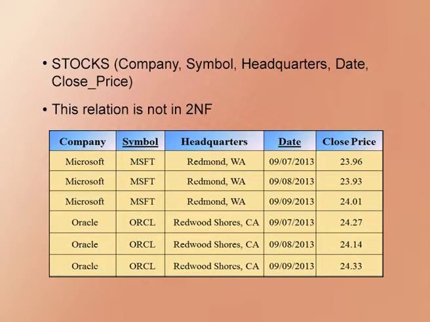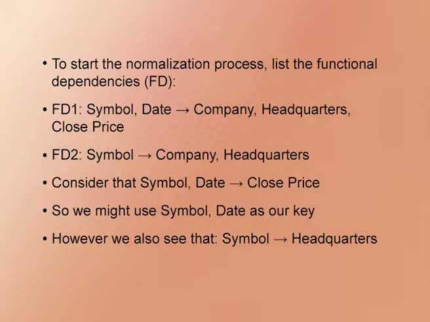Let us see over here, one relation called stocks. It has the attributes company, symbol, headquarters, date and then close price. This relation is not in 2NF. Why? We have to watch the functional dependencies. Let us see what functional dependencies are there.